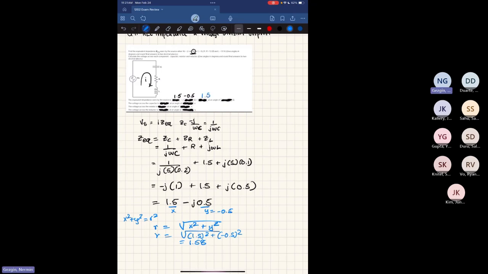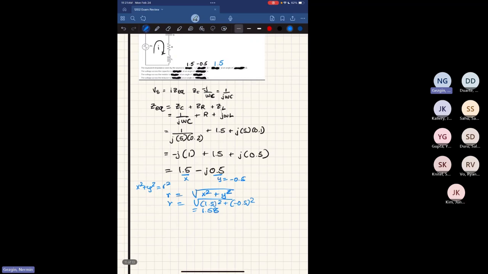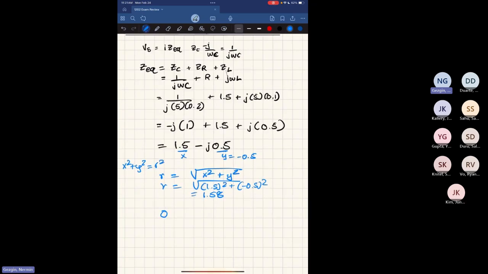So that's the value of r. Now it's asking for the angle. So the angle is always going to be arctan of y over x. Now this is again where I would highly suggest for you to be careful. You can just plug this into the calculator. It may or may not be the correct value, especially when there are negative signs involved.